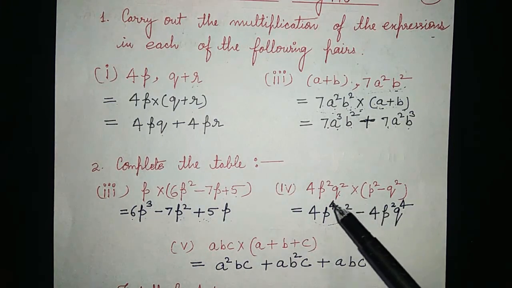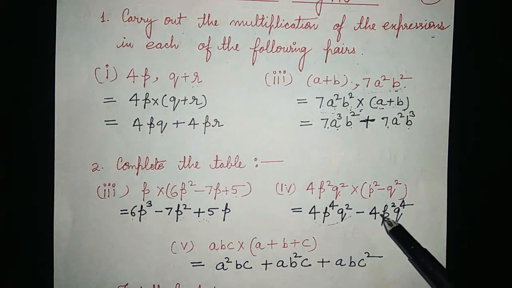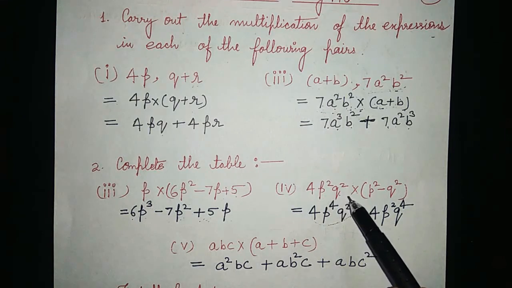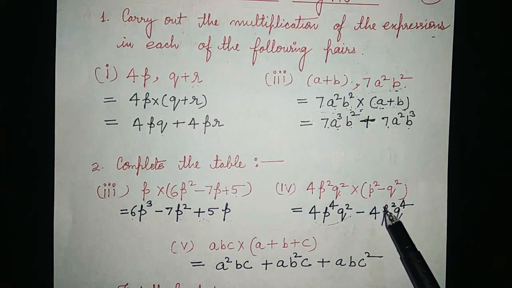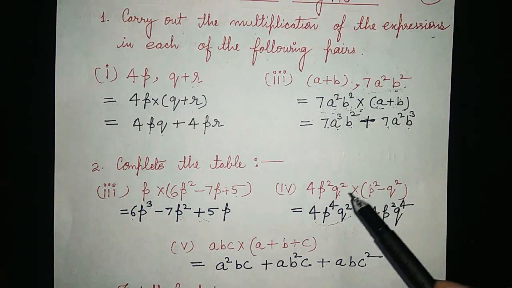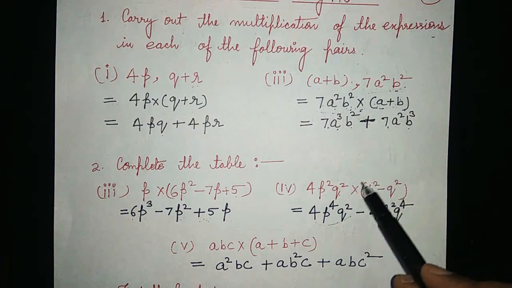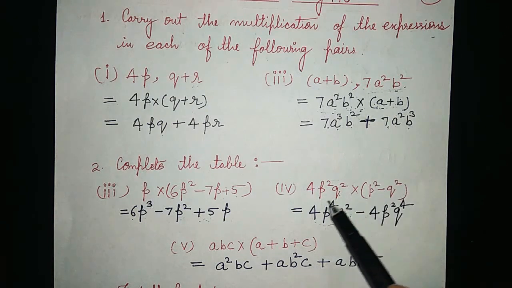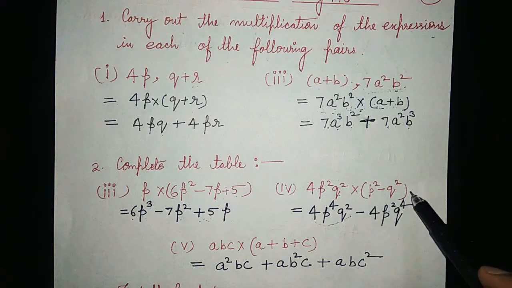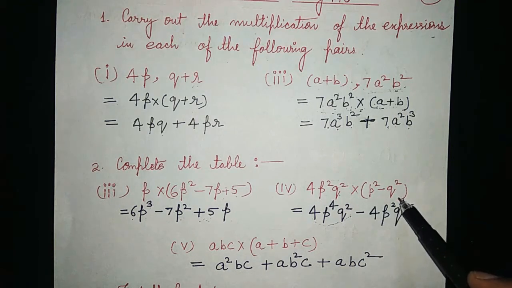Now see the fourth part of question number 2. Here we will multiply 4p square q square by p square minus q square. In the question, this is the first expression and this is the second expression. First expression is a monomial and second expression has two terms, so it is a binomial.